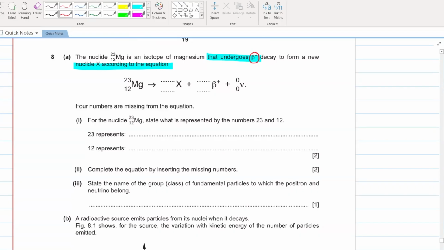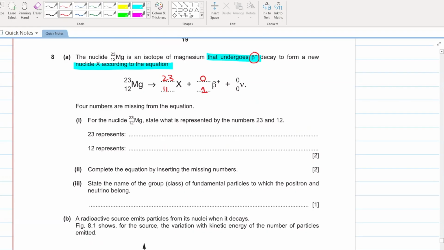Your proton number decreases by 1. 12 becomes 11. Mass number remains unchanged. This is 23. Perfect. What further happens? You have this as your beta positive particle. Beta positive particle has mass number 0, proton number 1. Four numbers are missing from the equation.